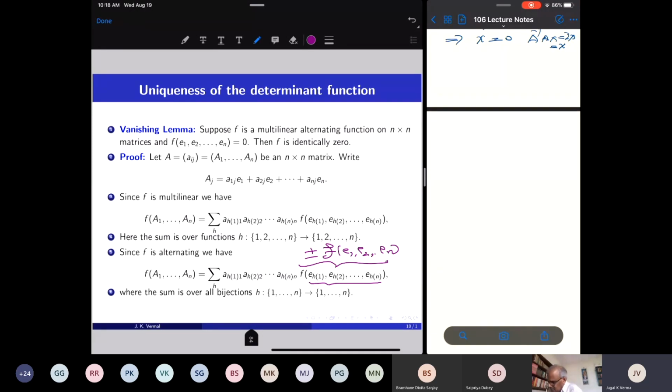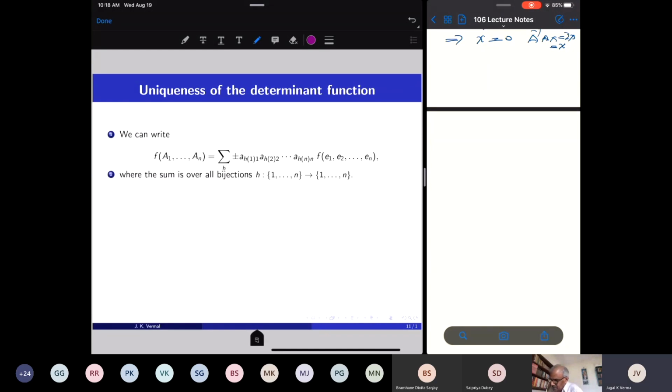So whenever I'm given this bijection h from 1 up to n to 1 up to n, then doing interchanges of column vectors a certain number of times, f of e_h(1), e_h(2), e_h(n) can be converted to plus or minus f of e1, e2, en. So any multilinear alternating function looks like this.